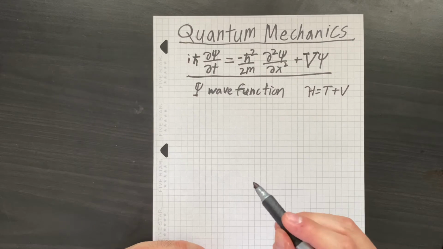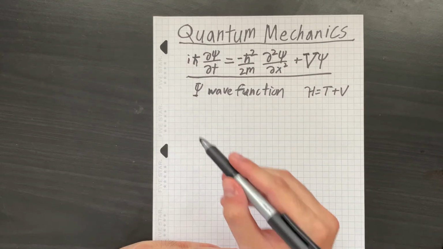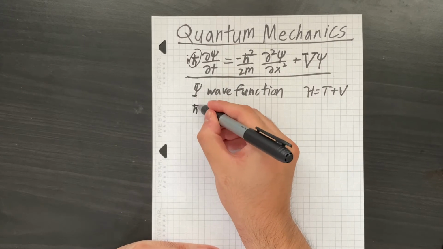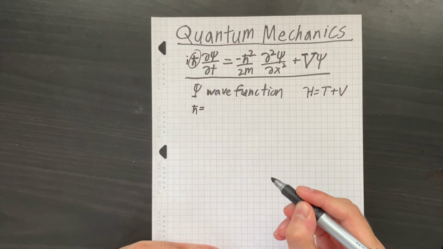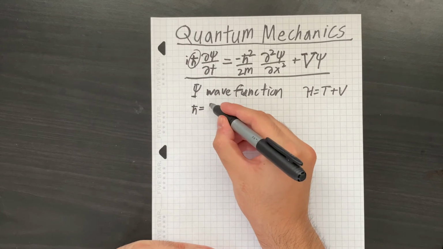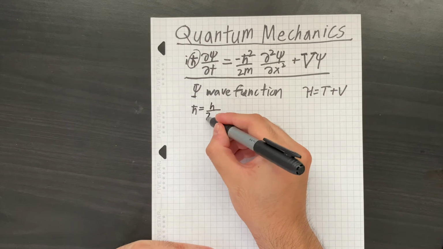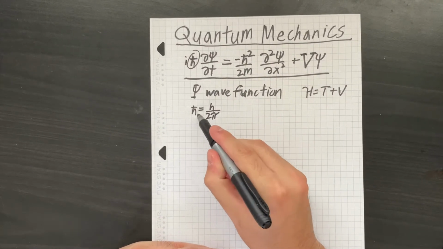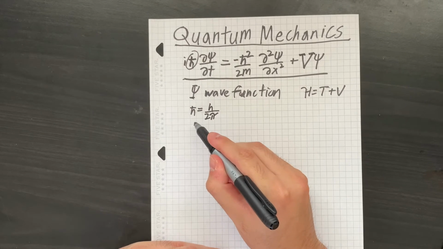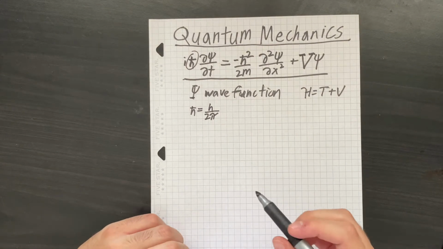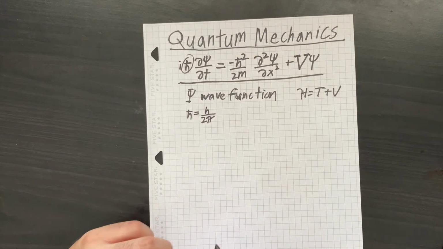The next thing I want to talk to you about is this new constant, h bar. I'm using h bar here because it's more convenient than writing the original Planck constant, which is the Planck constant divided by 2 pi. Now this Planck constant is pretty familiar because it relates energy and momentum. I'll go over that a little later in the chapter.